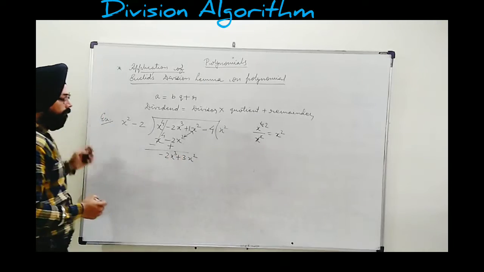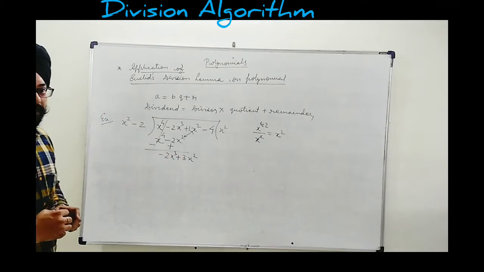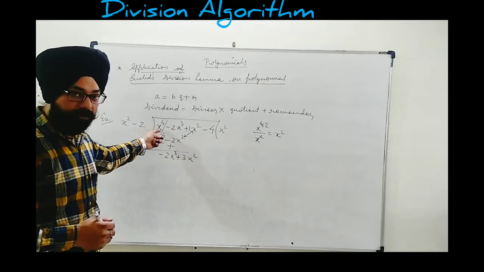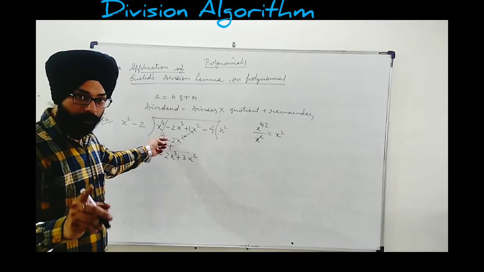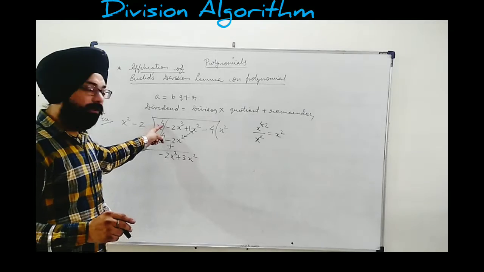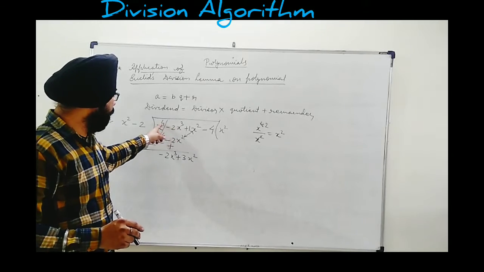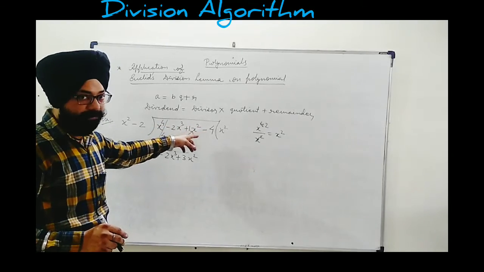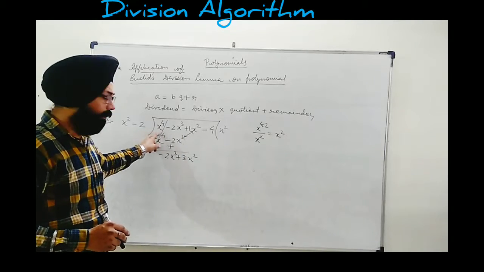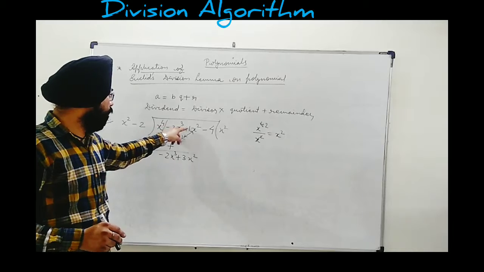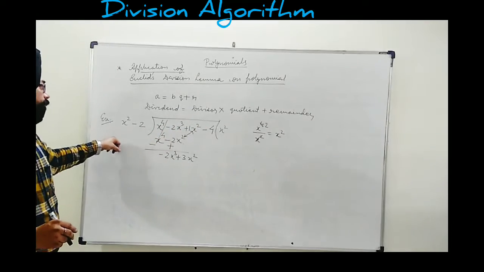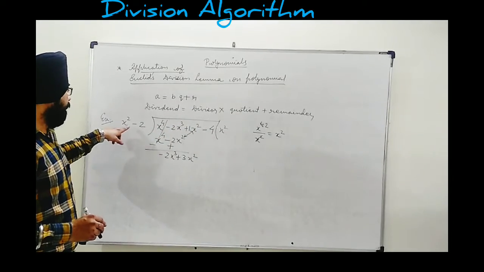I was saying, whenever we are writing an algebraic expression, basically a polynomial, we should always use the standard form. What is the standard form? We should write the powers of x in decreasing order. Whatever be the variable, the power should be in decreasing order. Like I have written here 4, 3, 2, 1 and 0.